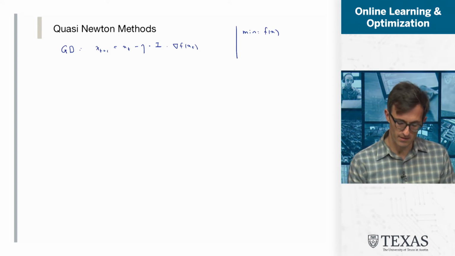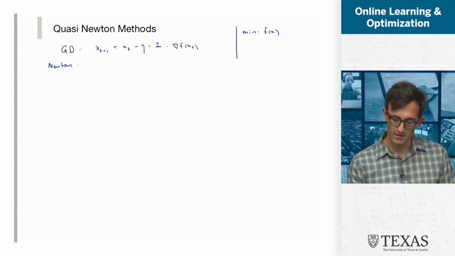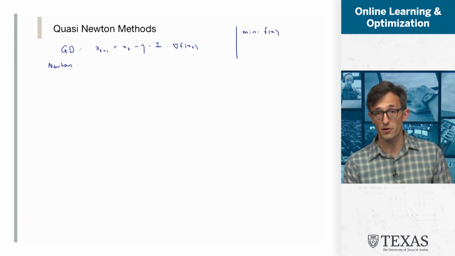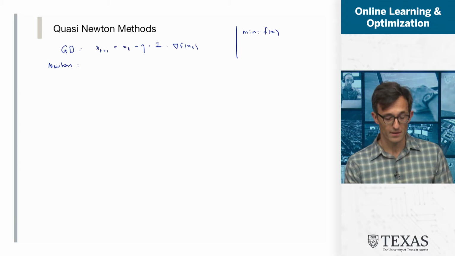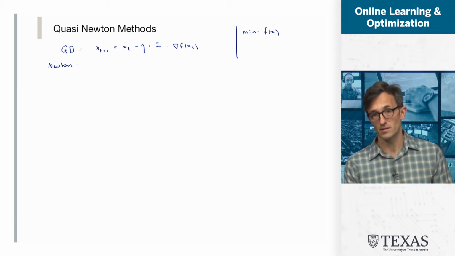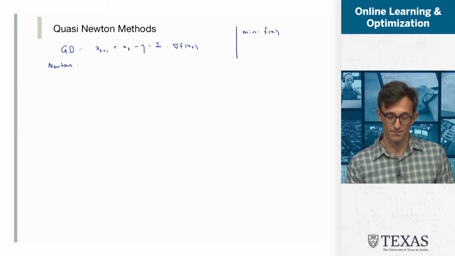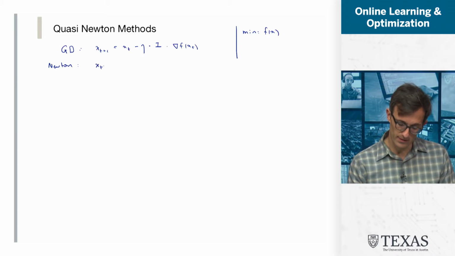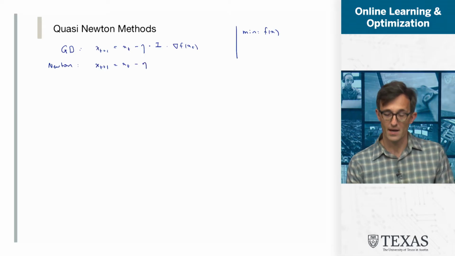What does Newton say? Newton says, well, we can do better by replacing this identity matrix by the inverse Hessian. So it says, let's let x_{t+1} equal x_t minus a step size.